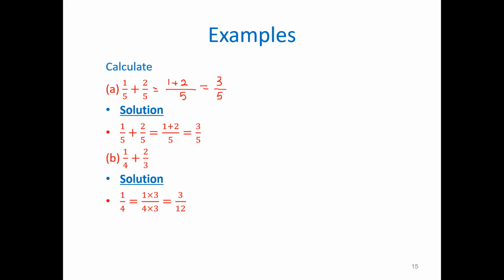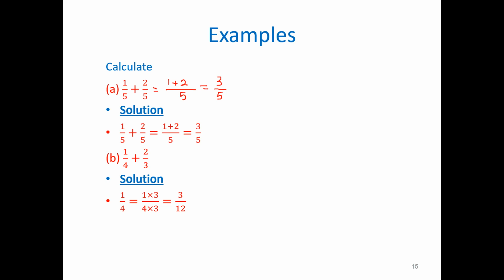We can do this by multiplying the numerator by 3 and the denominator by 3. What we get is 1 times 3 is 3, 4 times 3 is 12. Then 1 over 4 is equivalent to 3 over 12, because if you use your calculator, both of them have the value of 0.25. 1 over 4 is 0.25, and 3 over 12 is also 0.25.